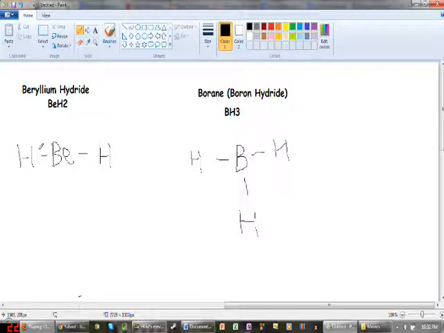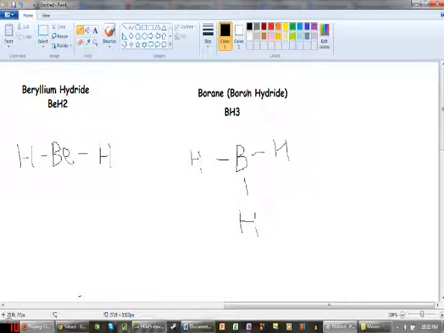As you may have noticed previously, hydrogen can only form 1 bond because it only has 1 electron to share. And here, with beryllium hydride, beryllium only has 2 to share, so it shares 1 with this hydrogen and another with this hydrogen. If it was bonding in a larger molecule, all I have to remember is that it can only form 2 bonds, either a double bond maybe, or just 2 single bonds.